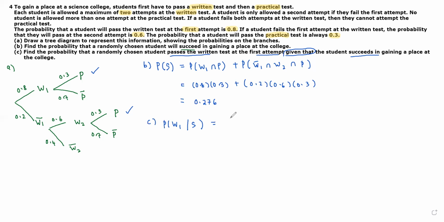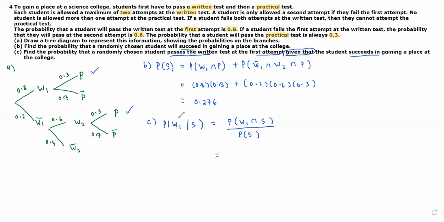That is a conditional probability. Then we can use the conditional probability formula. This is the probability of passing the written test at the first attempt and gaining a place at the college, over the probability of gaining a place at the college.